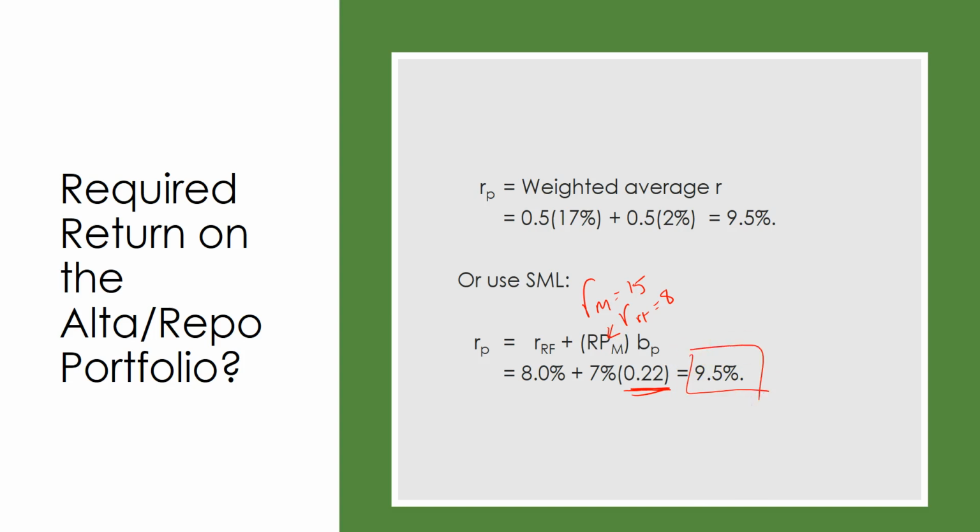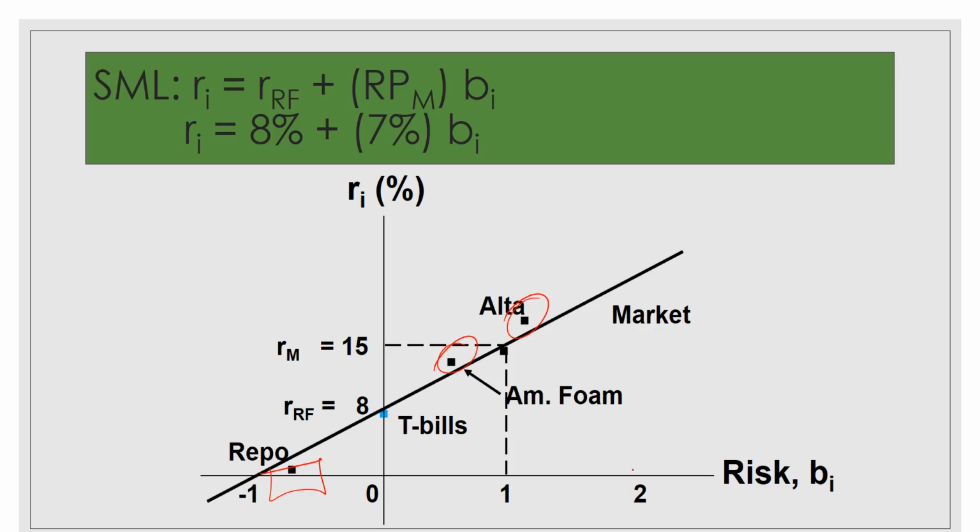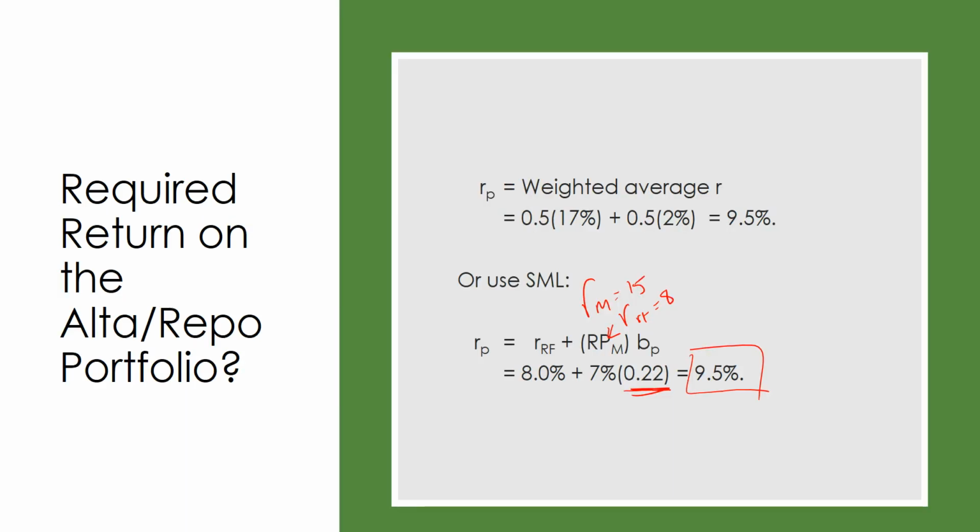Alternatively, you could use the weighted average of the required returns, which we had just calculated here. We said the required return for Alta was 17% and the required return for Repo was 2%. So there are two methods to get to the same answer. Either way, you get 9.5%. So the required return on this portfolio is 9.5%.